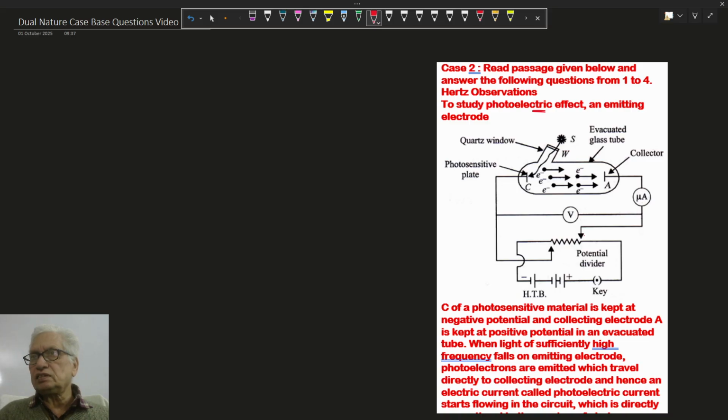We can change the anode voltage with respect to cathode with this arrangement. And here, from the source, photons are falling on the photosensitive plate cathode and electrons are emitting out, reaching the collector, and hence the circuit current is flowing in microampere.